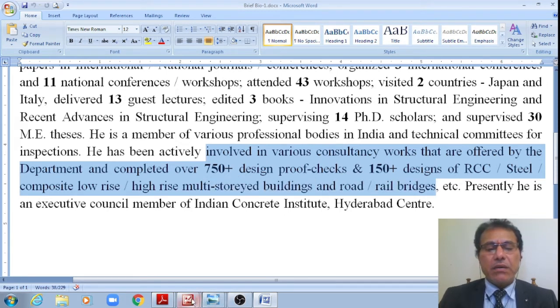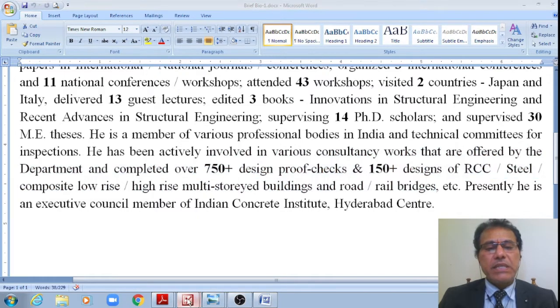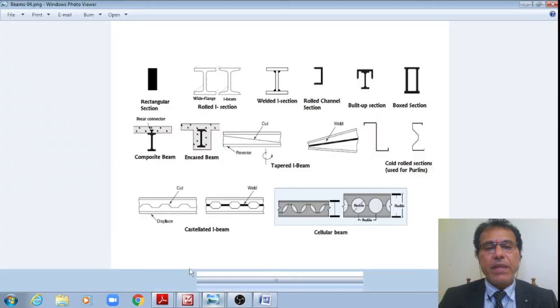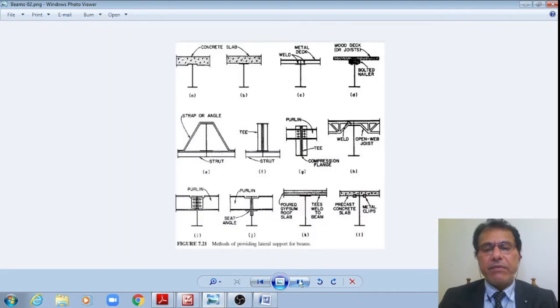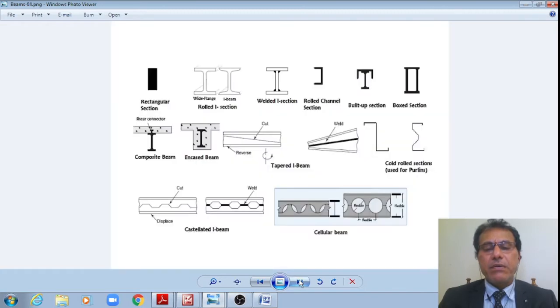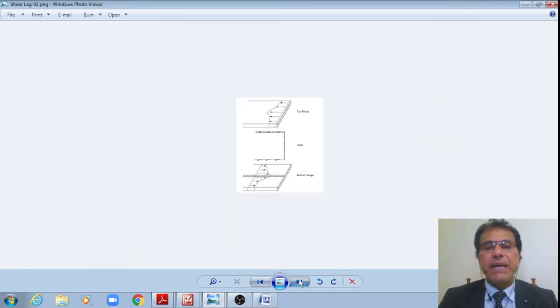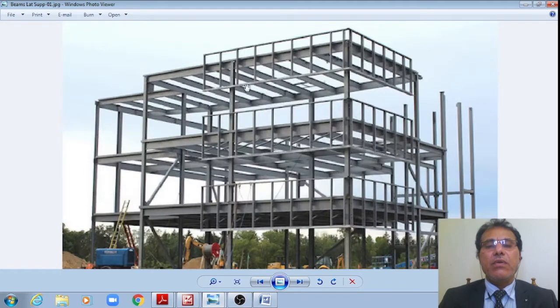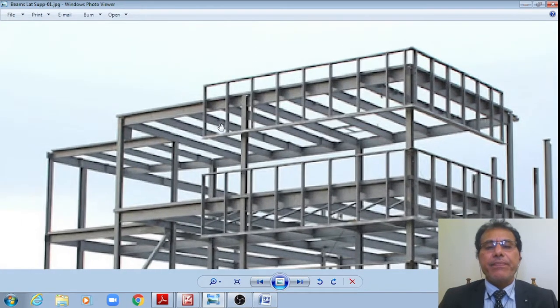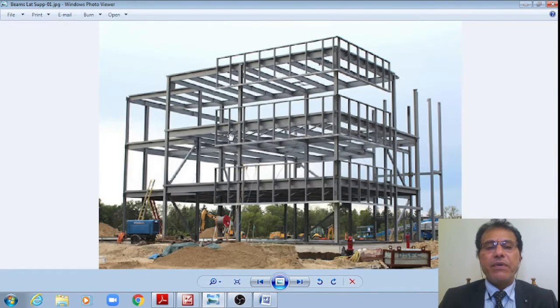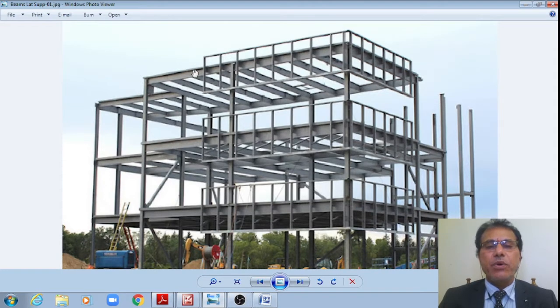Now let us see the designs of the beams. Right, now before we see, let us see the different schematics. Now I am showing a photograph of a building wherein it consists of both laterally supported as well as laterally unsupported beams.